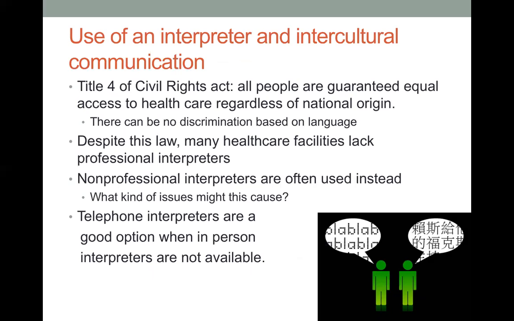Non-professional interpreters. So sometimes people will use family members or just other staff members, but this can cause issues if people don't understand the medical terms. For example, if they don't understand different body parts or different medicines or different procedures and they can't translate those correctly. It can also cause issues, say, if there's bad news.